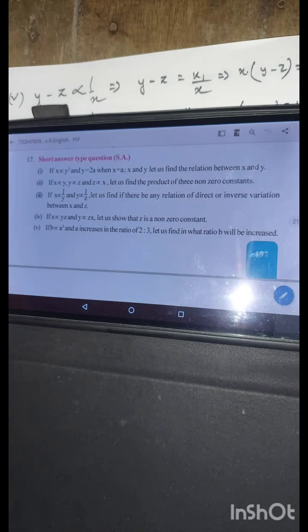So if we look at the first question, it says if x varies as y square and y equal to 2a when x equal to a, let us find the relation between x and y.